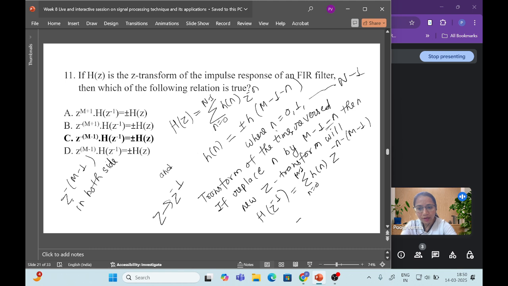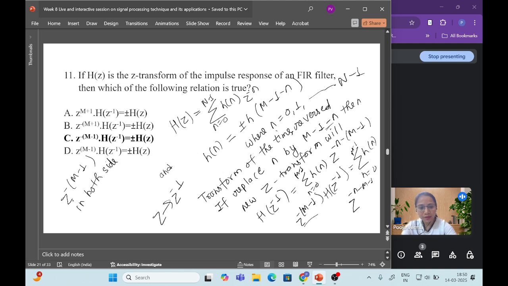If you multiply z to the power minus (M minus 1) with z to the power minus n, you get the summation up to M minus 1 of h of n, z to the power minus n minus (M minus 1), and then following the symmetry property, it is equal to plus or minus h of z.